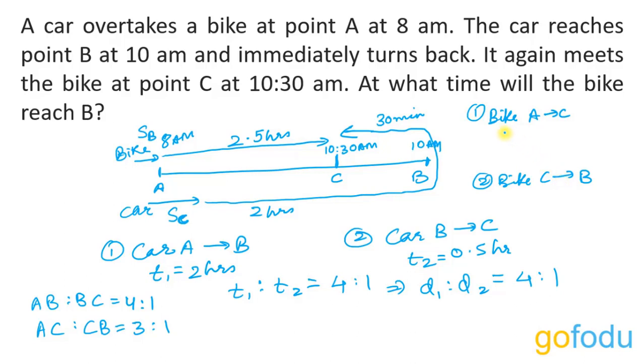The time taken for A to C is T1, that is 2.5 hours. The time taken for C to B is T2, which we have to calculate.